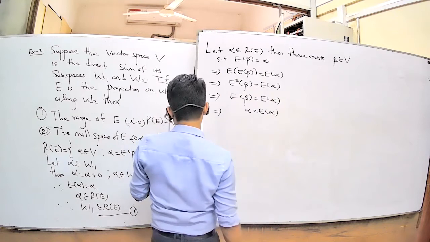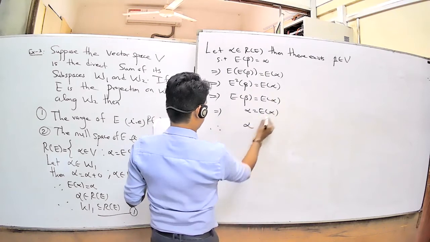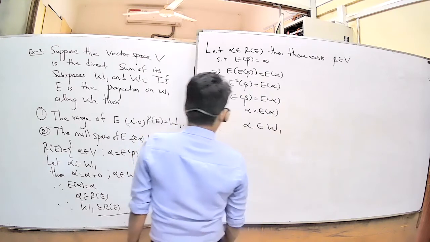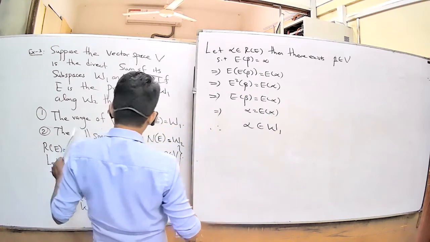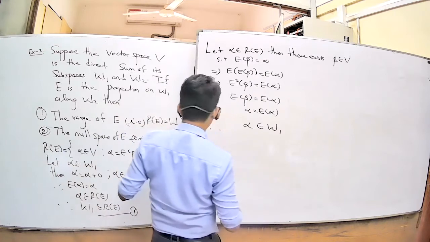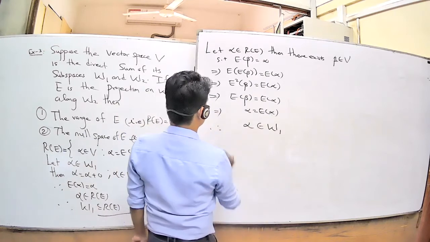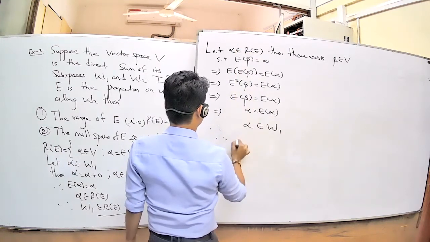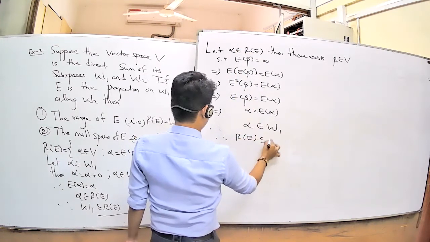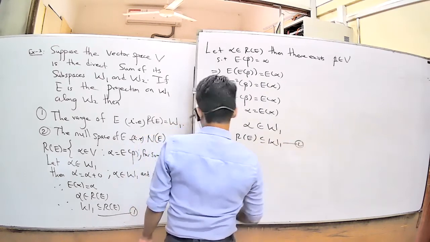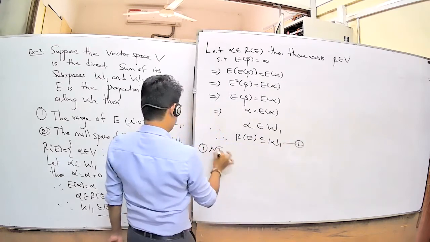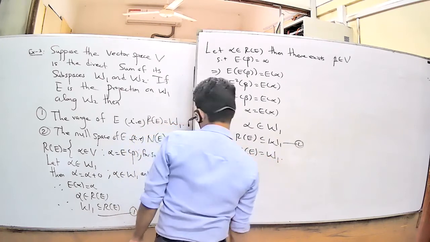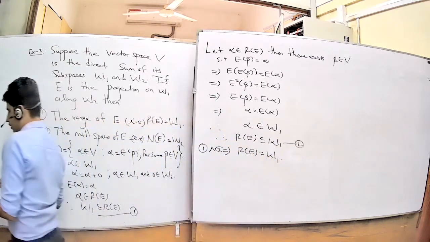E alpha equals alpha means this alpha belongs to W1. In the previous part, you already know what the W1 set and the W2 set are. Therefore, alpha belongs to W1, so range of E is a subset of W1. This is your second condition. 1 and 2 imply range of E equals W1.